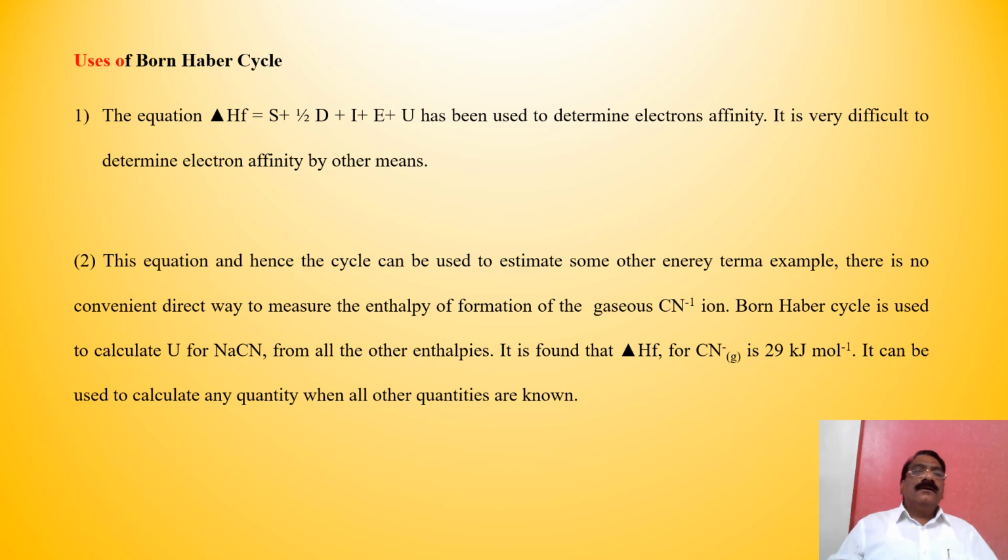Uses of the Born-Haber cycle. There are different uses of the Born-Haber cycle. First, the equation ΔHf is equal to S plus half D plus I plus E plus U is used to determine the electron affinity.